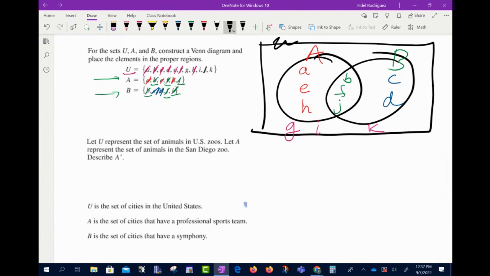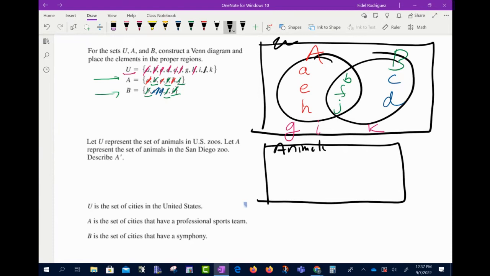Okay, so just so we know what's going on here, the universal set are animals in U.S. zoos, and A are the ones in the San Diego Zoo. What we want to know is, what would these over here look like? If these are the ones in the San Diego Zoo, what would the complement be? Anybody know? How could I describe that?